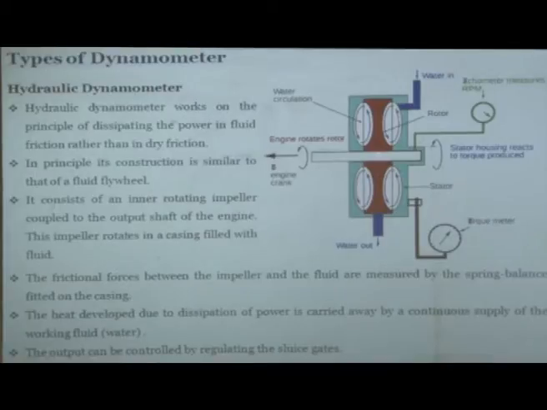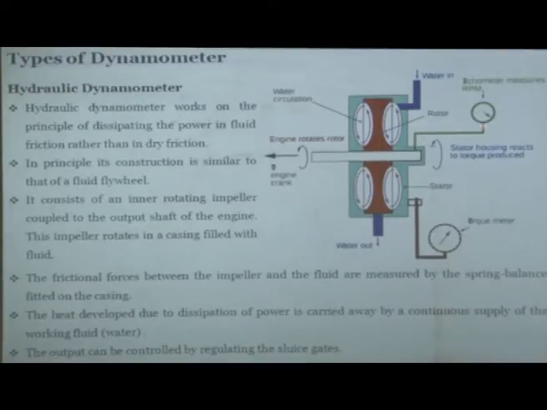All the energy in the rotor will now be dissipated in this, and water will be vigorously moving inside, and when it moves vigorously, it will get heated up. A lot of energy will be dissipated because eddies dissipate a lot of energy, right. So this water will get heated up, and from here you will take the hot water out.